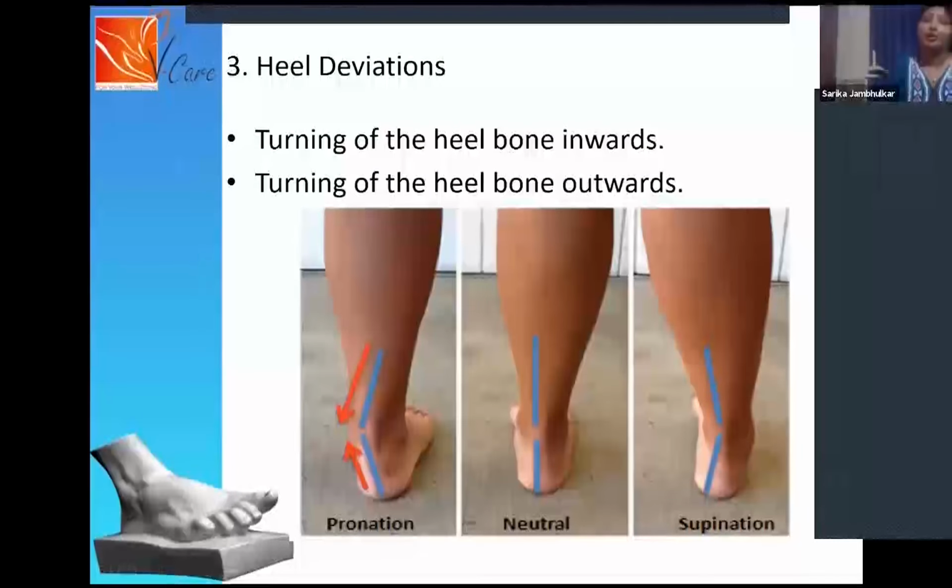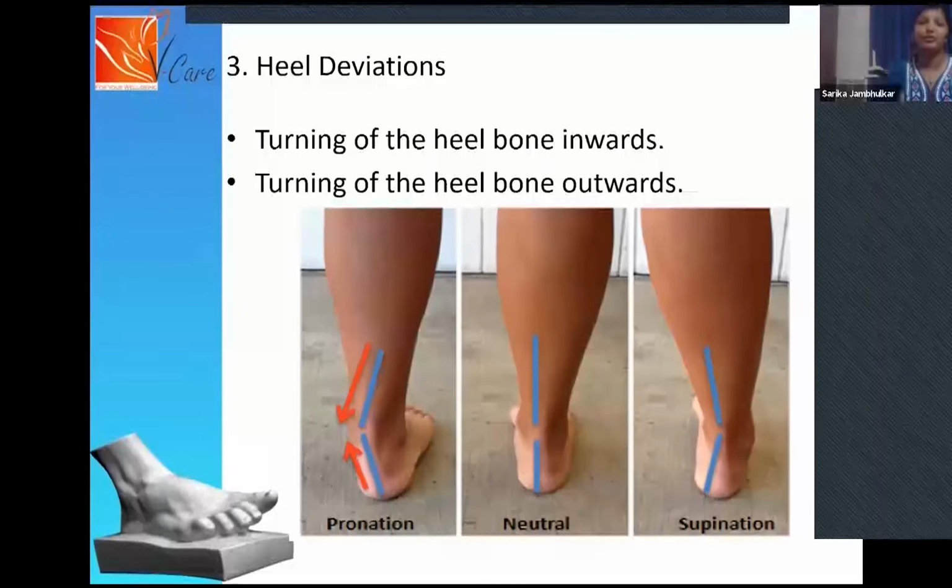Now many times a person might not have completely collapsed arches, or might not have a very normal arch either, but his arch might be reduced a little. Then lots of physios, like physios who have attended our workshop before, get confused whether it is pronated or supinated.